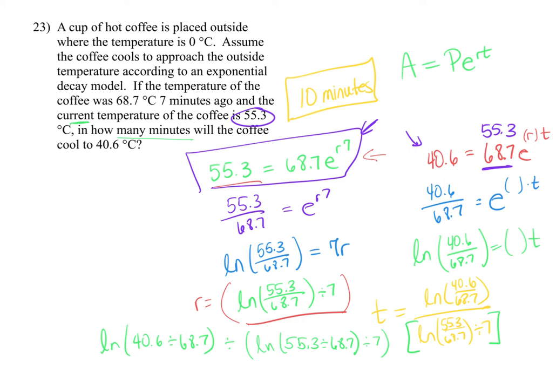But if you do it the other way, if you just subtract 7 from your answer, I think you end up with like 17 here, and then you have to go back and say, I got the wrong one, right? Because you started further back than what they're asking. So it's 17 minutes from the 68 degrees, but it's only 10 minutes from the 55 degrees. If that makes sense. All right.